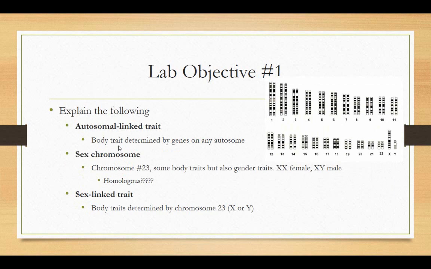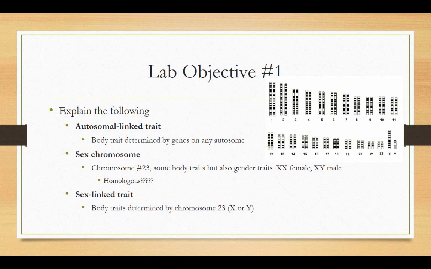And so any type of autosomal linked trait is going to be a body trait determined by the genes on an autosome. And so if you look over at the picture that I have in this slide here, you're going to see all of the 22 autosome chromosomes there until you get to the very last two, which is way over at the end, which is your X and your Y, or in a female might be X and an X. And so the 23rd chromosome, or set, is going to be your sex chromosome, which is our next one here.